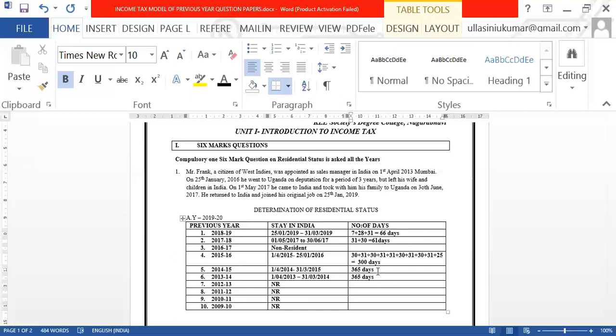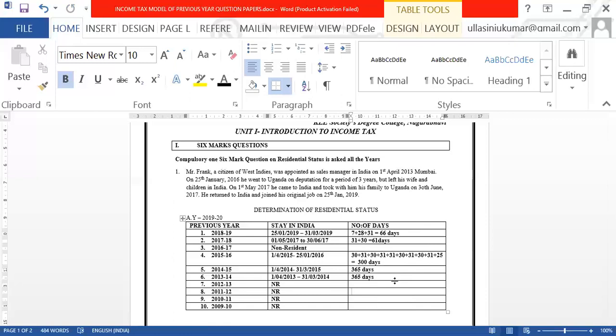He becomes a resident. Now moving on to the additional conditions, where he has to stay for 2 years out of 10 preceding previous years. As you can see, he has definitely stayed for 2 years out of 10 preceding previous years. And the second condition, he has to stay for 730 days out of 7 preceding previous years. So if you add all these numbers of days, it will approximately amount to 1091 days.